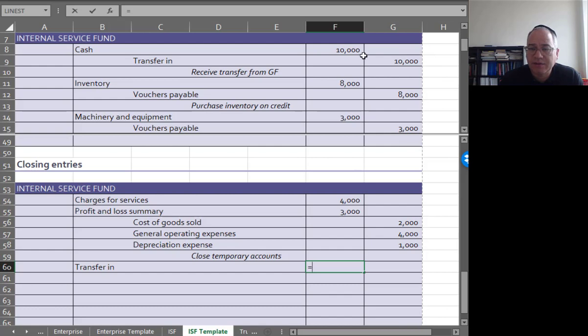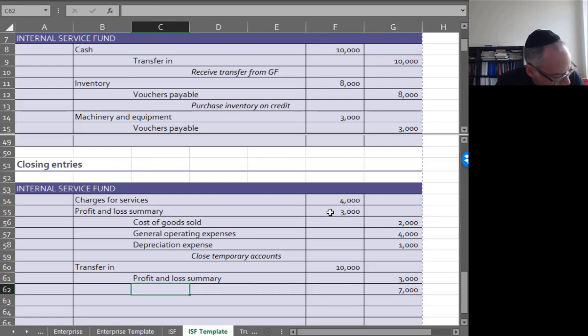So I'm going to need to debit transfer in for $10,000. I'm going to credit profit and loss summary for whatever's in there, $3,000. And the difference between these, 10,000 minus 3,000, is a credit of 7,000, is going to go to net assets unrestricted.